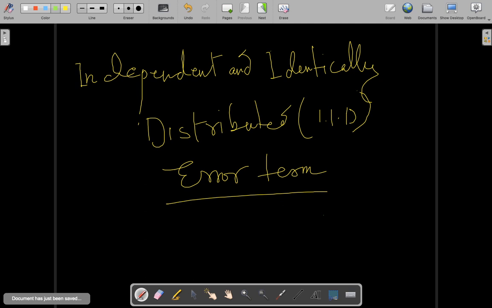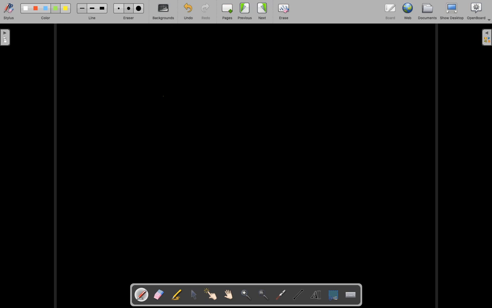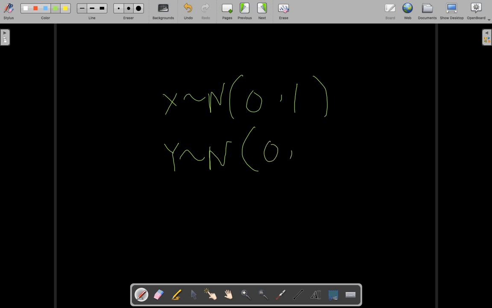Let me write down some distributions which will be IID and some which are not. Say x follows a normal distribution with mean 0 and variance 1. I have another distribution y that follows a normal distribution with mean 0 and variance 1.